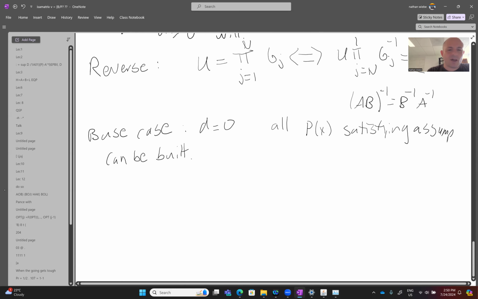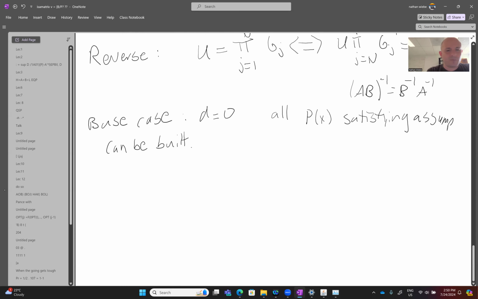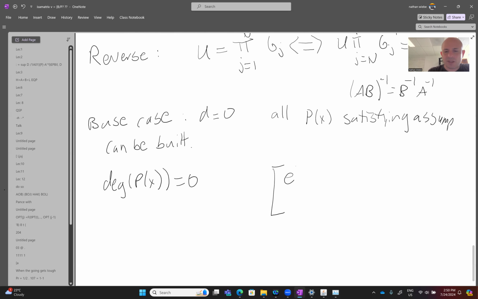Okay, great. So how are we going to do that? Well, we're going to do it for the case of the degree. Let's assume that if the degree of p of x equals 0, then p of x has to be equal to e to the i phi. And similarly, this one is its complex conjugate, e to the minus i phi.